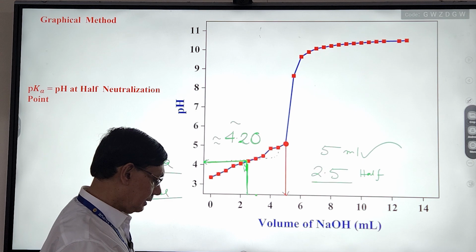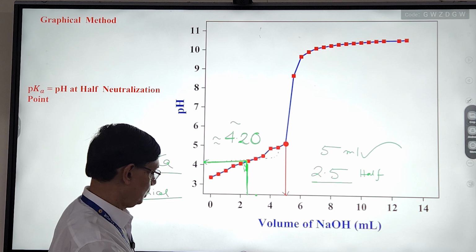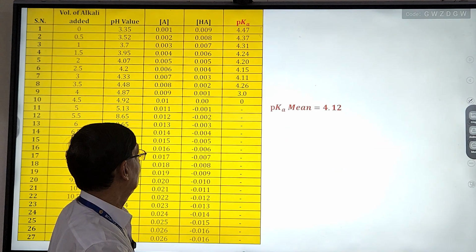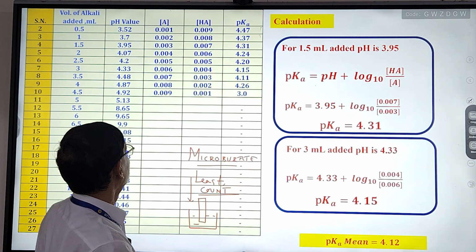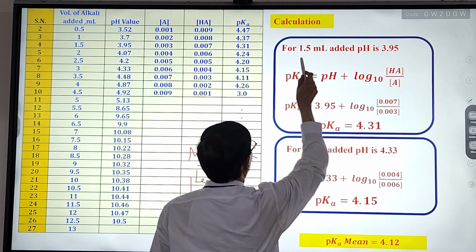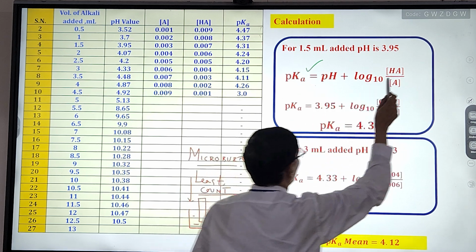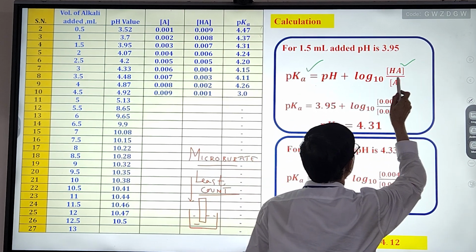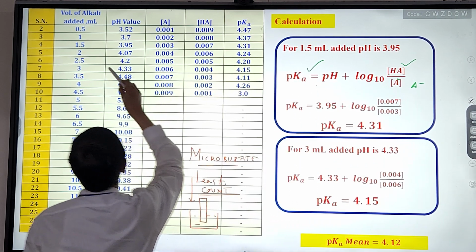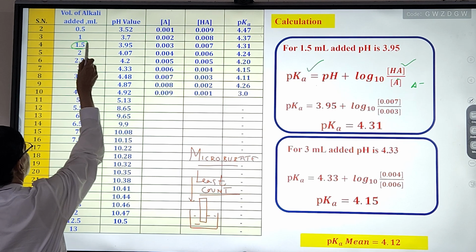Now, another method is that some theoretical calculation is also possible. Suppose our Henderson equation is pH = pK + log of [A negative]/[HA], and I am taking the value 1.5.